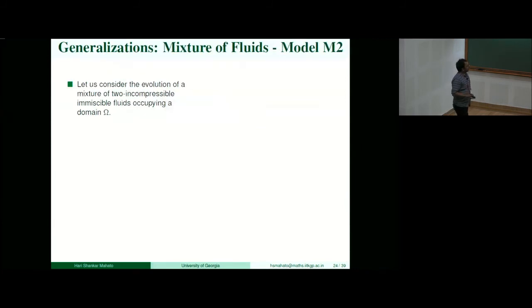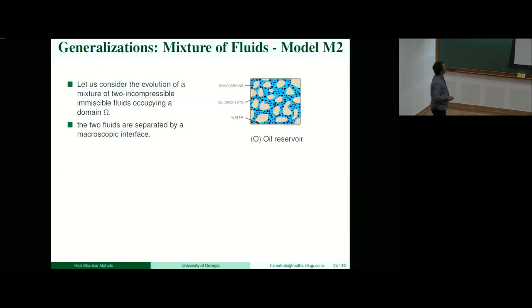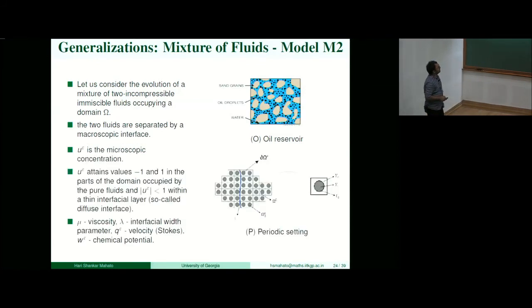Then I started looking into a bit different type of models. For example, in the case of an oil reservoir, you push water so that your oil can be pumped forward. Basically, in oil reservoirs, you have solid parts as sand grains, and these small black dots are the oil droplets, and the blue part is water.